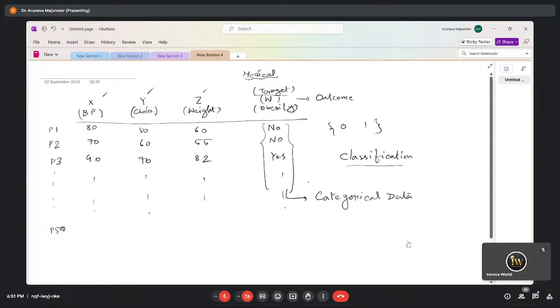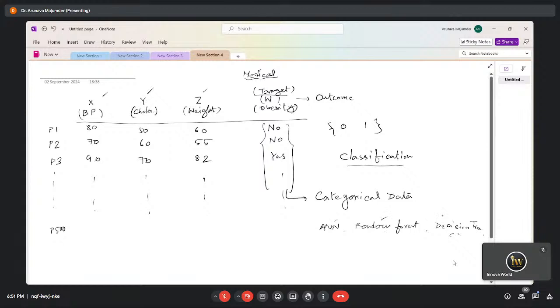And there are different types of classification algorithms in machine learning: artificial neural network, ANN, random forest classifier, decision tree classifier.